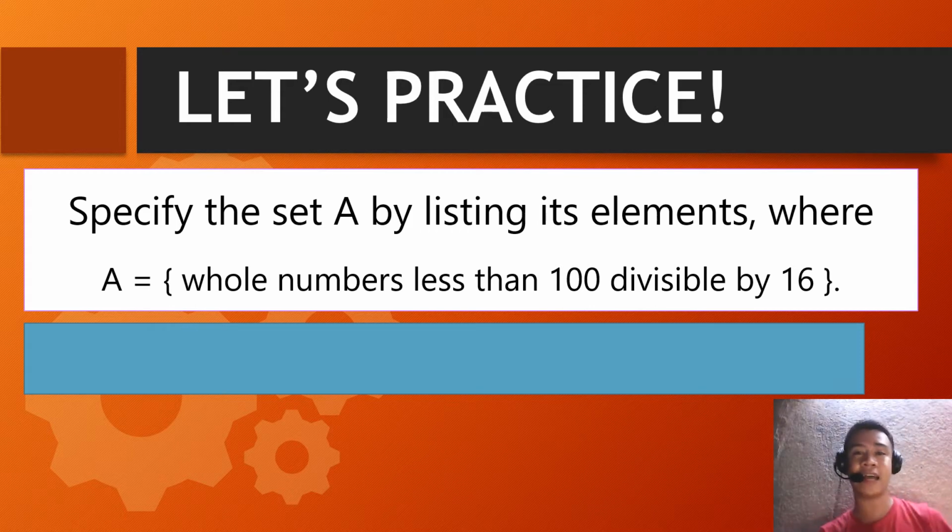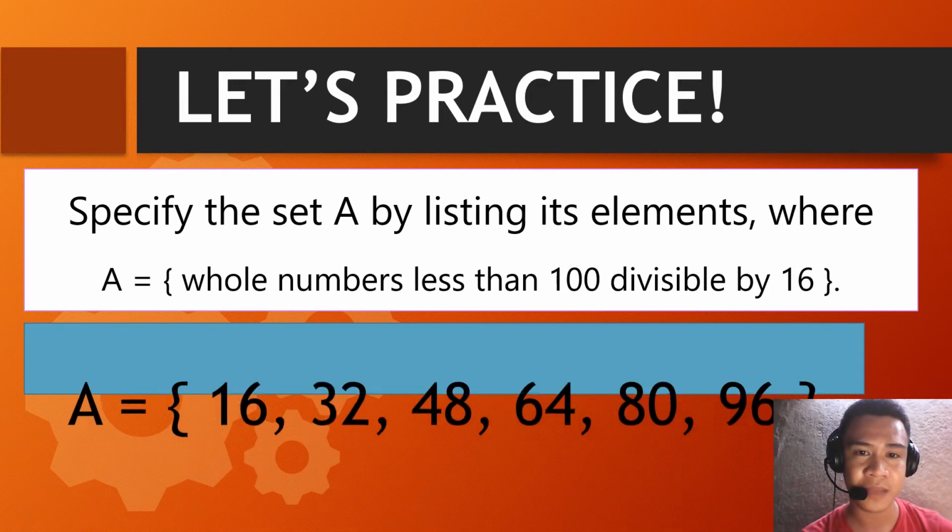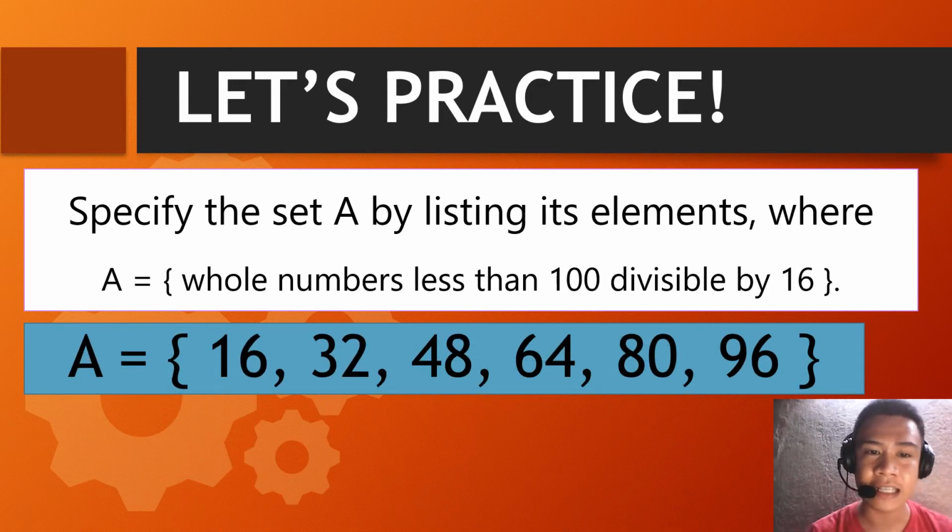We will list the elements of set A, whole numbers less than 100 divisible by 16. The answer: set A is the set whose elements are 16, 32, 48, 64, 80, and 96. We can also include 0, since 0 is also divisible by 16.